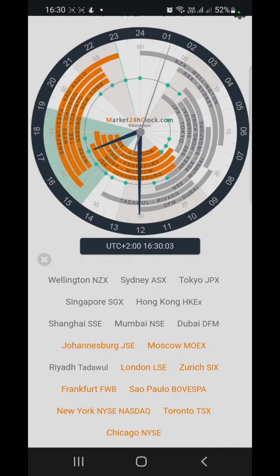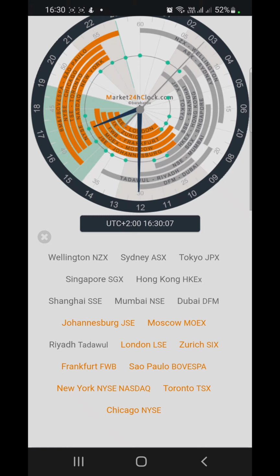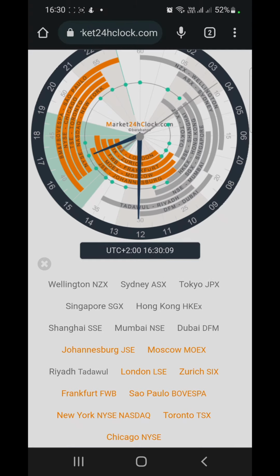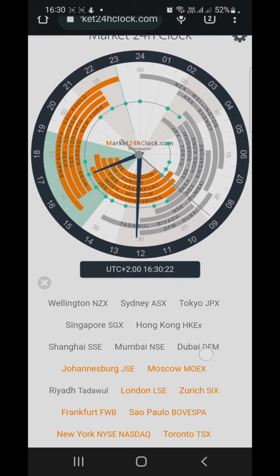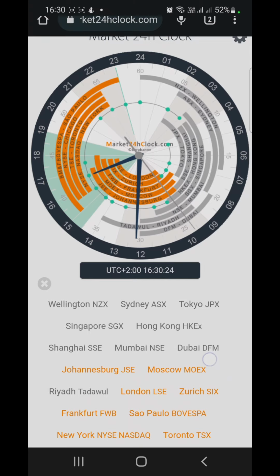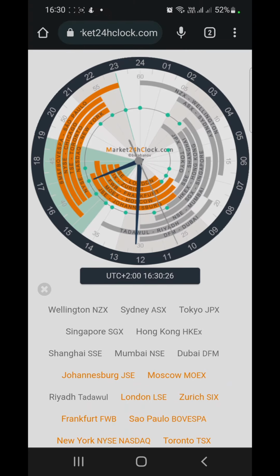So that means the Johannesburg Stock Exchange, the JSE, Moscow, the London Stock Exchange, the Zurich 6, Frankfurt, Sao Paulo, New York, NYSE Stock Exchange, Nasdaq, Toronto, Chicago, New York Stock Exchange. They are all awake, meaning business is active and running as usual.